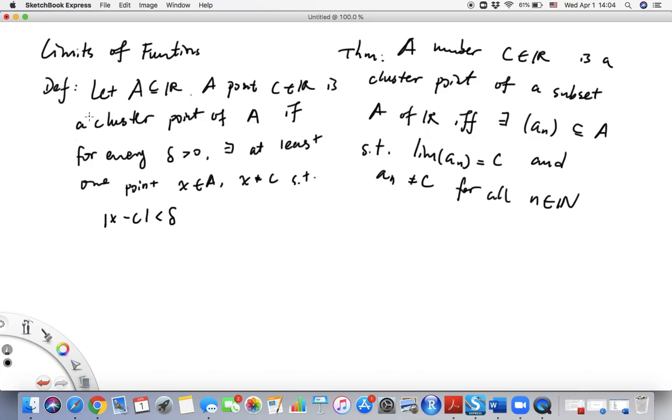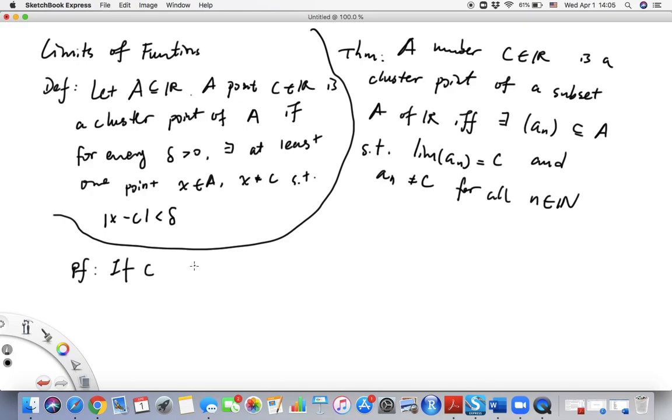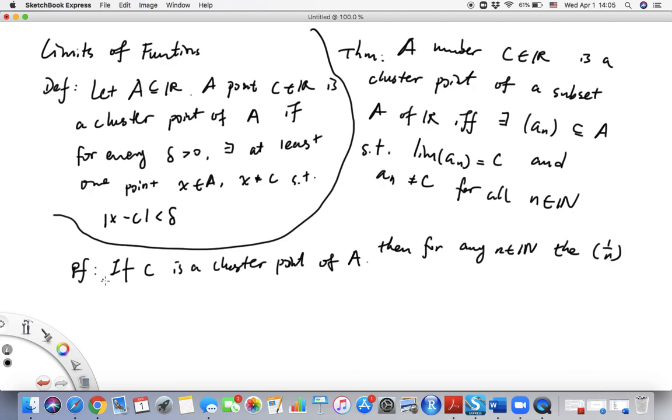Let me write over here. Proof. So if c is a cluster point of A, then for any n in N, the 1 over n neighborhood, let me denote it as V sub 1 over n of c.